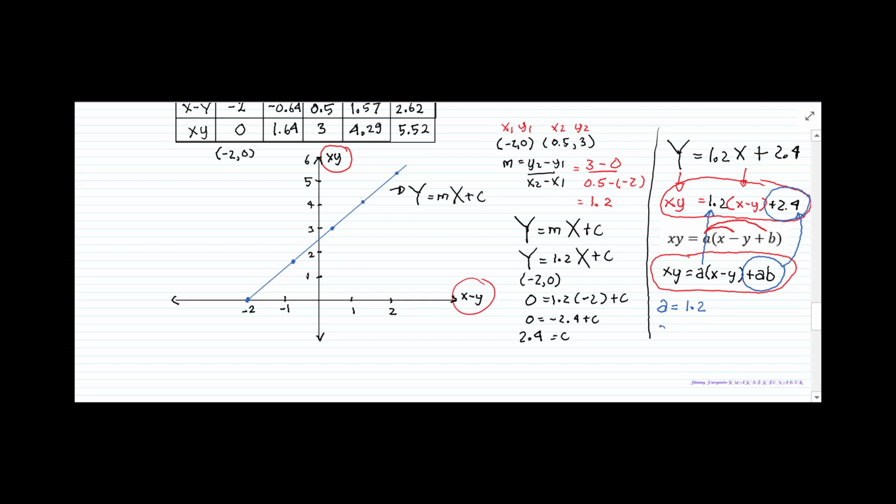So I can write A times B equals 2.4. Since A is 1.2, I can write 1.2 times B equals 2.4. I will get B equals 2. There you go. I have A and B.